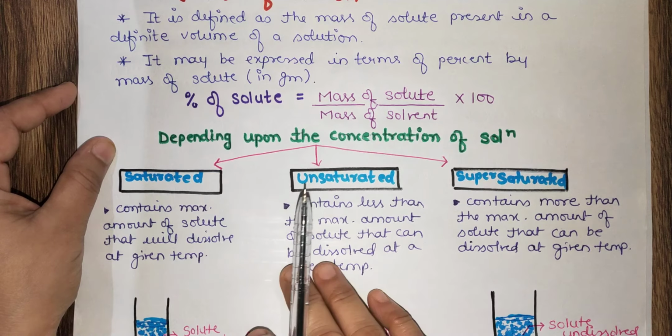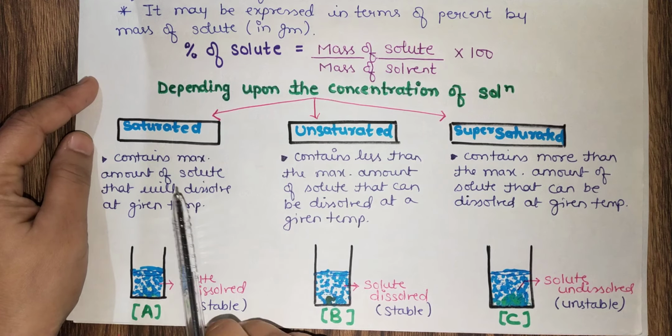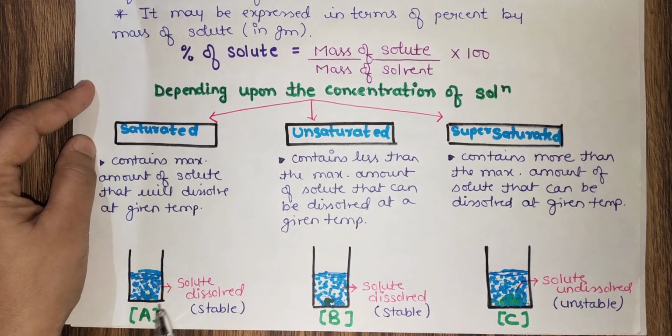If we talk about a saturated solution, you can see the example I have mentioned here, a mixture in which salt is dissolved in water. In this you can see that the solute, that is NaCl, is completely dissolved in the water.